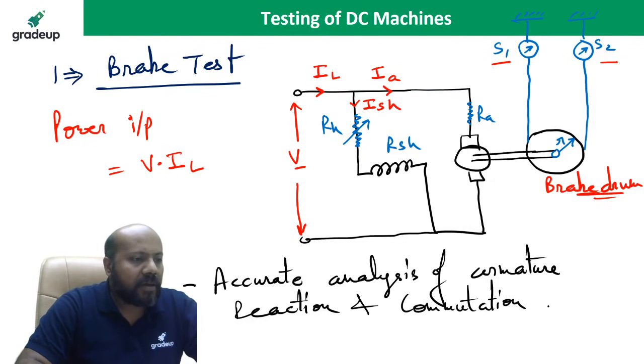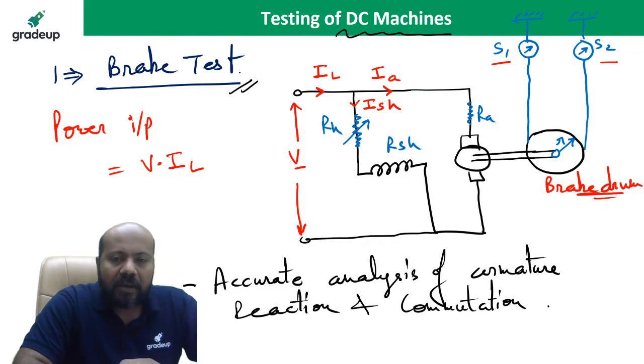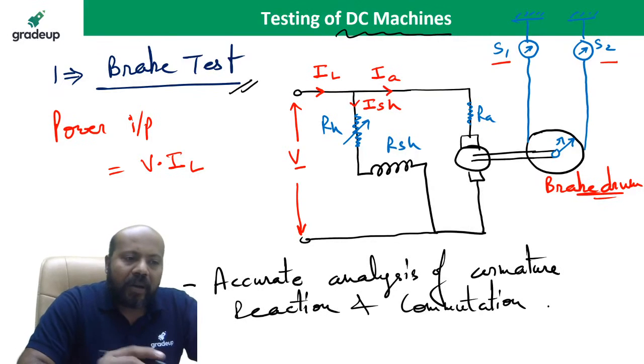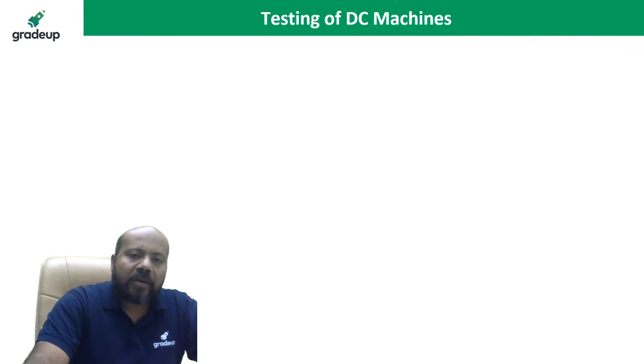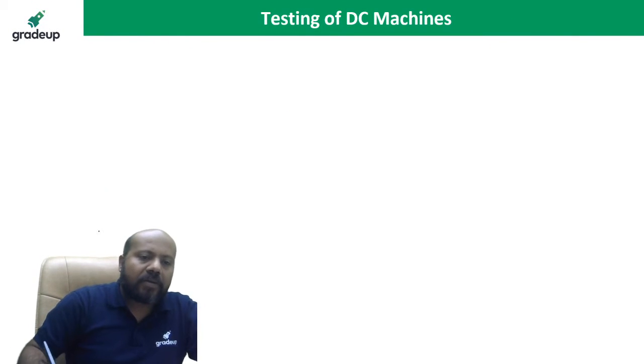What about other candidates? Now some of you may be asking, sir, you are saying this is the testing of DC machines, but when you started discussing the brake test, you were talking about a DC motor. What about the generator? You can perform the same test for the generator also, but for the generator, the circuit is going to be different.